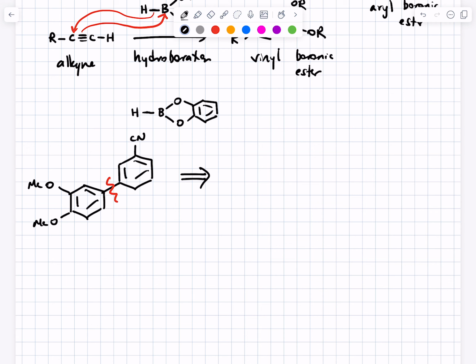Doesn't actually matter which is which. So we'll choose the right by letting the one on the left be the, I don't know, whatever. Okay, fine. Let's have this be the boronic ester. Keep all the methoxys together. And then what would the other starting material be?